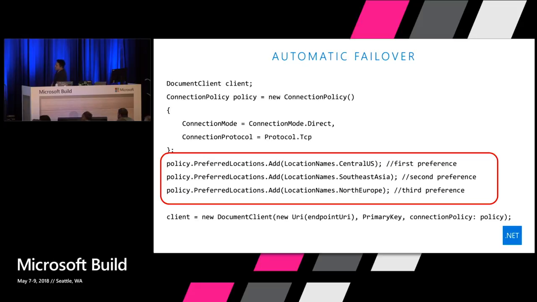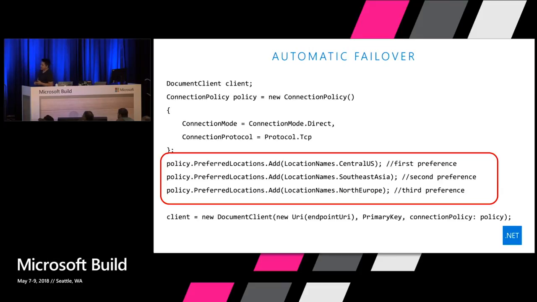So if you have individual application instances dispersed throughout the world, let's say one application instance is homed in Central US, another is in Southeast Asia, and another is in North Europe, the overall topology of your application would then be: user makes a request, it goes to Traffic Manager. Traffic Manager routes that request to the closest Azure region, and it goes into the application instance.